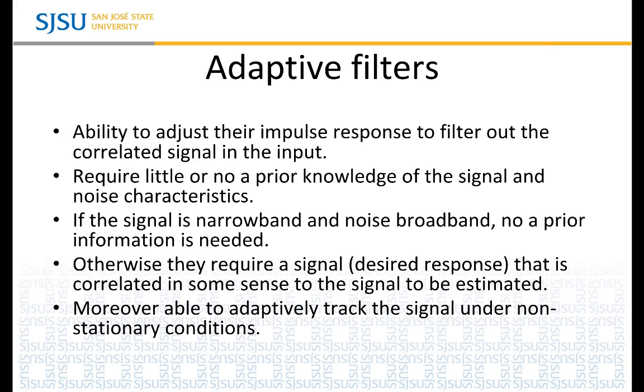So what are adaptive filters? For fixed filters, you know the signal and noise, but adaptive filters are filters which have the ability to adjust their response according to the correlated feedback. So in these filters, you don't need knowledge of the signal and noise as was required in fixed filters.